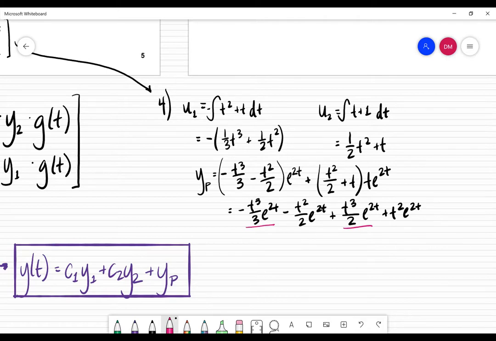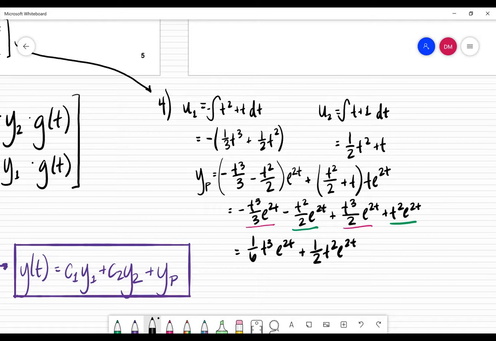So a positive 1/6 t cubed e to the 2t. And then it looks like I have a negative 1/2 t squared and a positive 1 t squared. So 1/2 t squared e to the 2t.